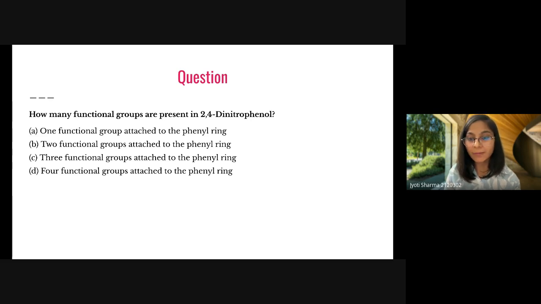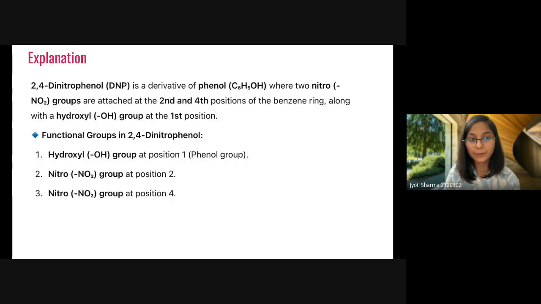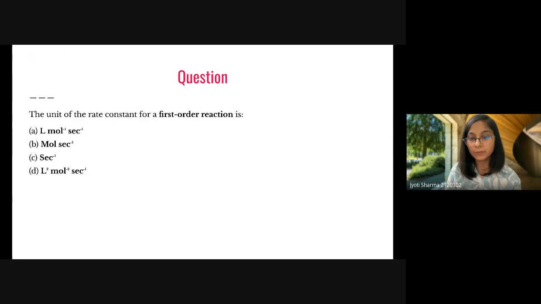So the answer C will be right. You have the OH group and two nitro groups at positions 2 and 4. So there are three functional groups in 2,4-dinitrophenol. This is a very simple question; every student should give me the answer for this.